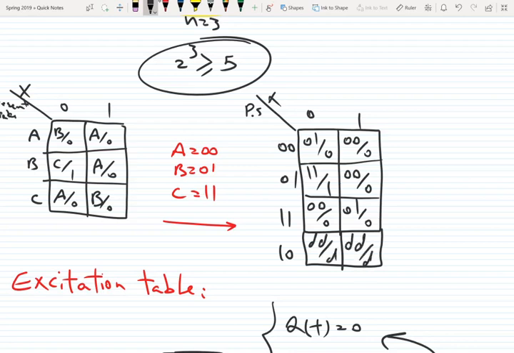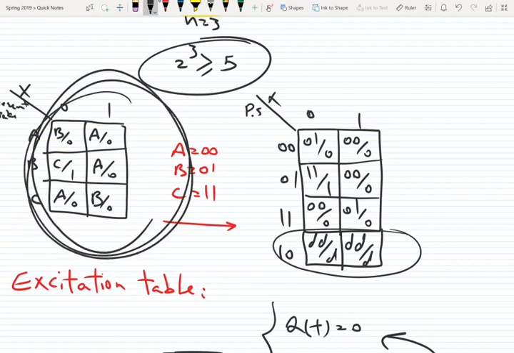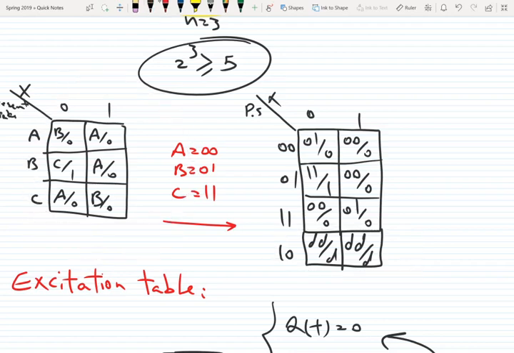So all just don't care. We need to have four states because of this binary table, but because there was no data in our table, we just replace all of them with d. Is it clear? So d means we don't care what those values are.